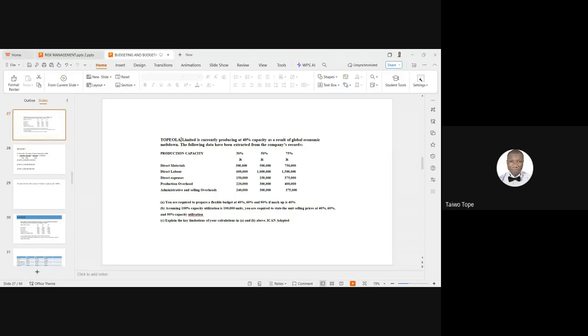The capacity level can just be two values. What you are to do is look for the highest and the lowest among the data and solve based on the high-low method. The question will not tell you high-low method. As a management accountant, you are expected to know what to do per time. That is how the question will be framed.